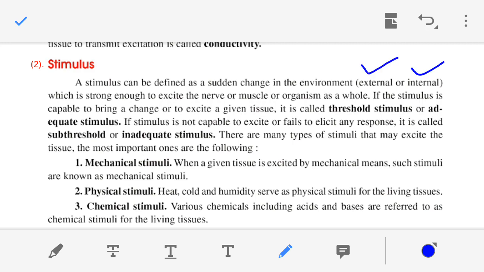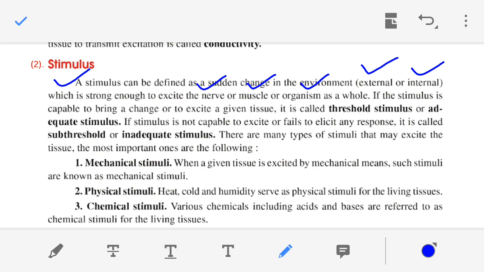Any sudden change can excite. If the sudden change or the stimulus is strong enough, it can excite our nerve fibers, our neurons, or our nerves. Or it can excite our muscle, or as a whole, the stimulus can stimulate our body.